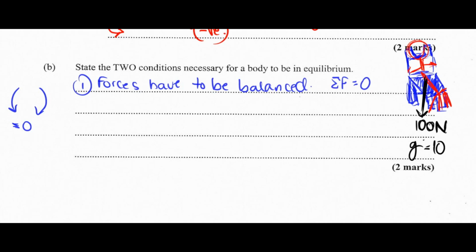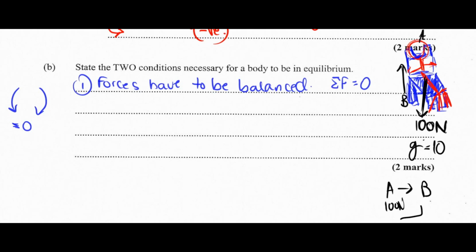Now, by Newton's third law, whenever a body A, which is this person, exerts a force on body B, which is the chair here, the chair or body B will exert an equal and opposite force back on body A. So A pushes on B with 100 newtons of force, right?